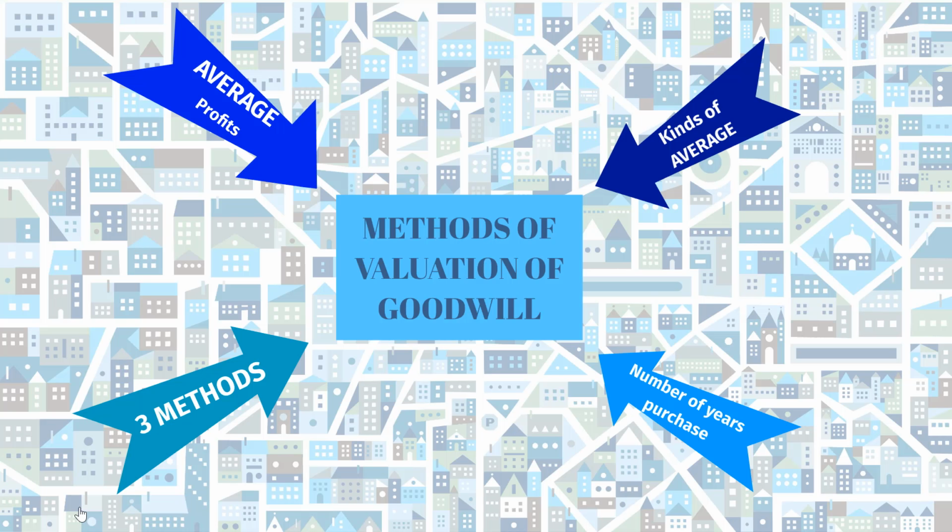In the upcoming few videos, we will see why the past year's average profits have been used in valuation of goodwill, what are the adjustments to be made to the past year's average profits, and why such adjustments need to be made. What is the difference between simple average and weighted average? What is the meaning of number of years purchase, etc.? So these will be discussed in the upcoming videos.